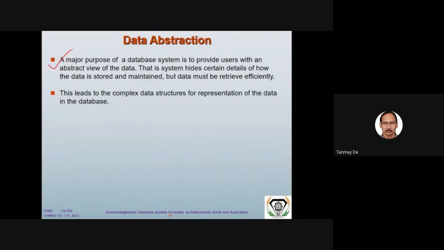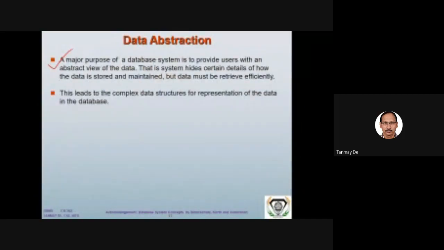The major purpose of such a database system is to provide the user with an abstract view of the data. Abstract means the system hides certain details: how the data is stored inside the memory, how the data is maintained, how it can be retrieved efficiently, or how the relationships exist among the data.